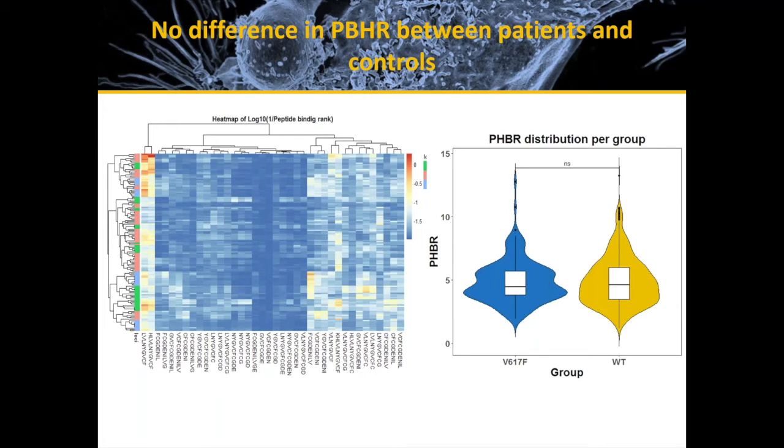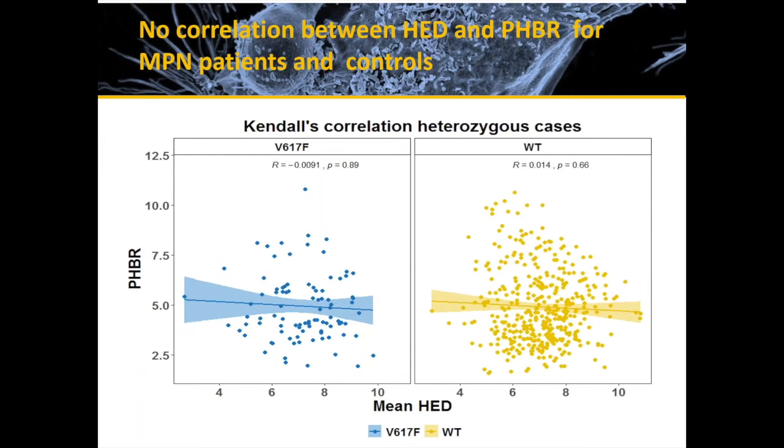Then, next, we performed a correlation analysis between the structural and functional diversity of the HLA class 1 genotype, represented by mean HLA evolutionary divergence and patient harmonic best rank. As you can see on this slide, there is no significant correlation in patients or in control groups.